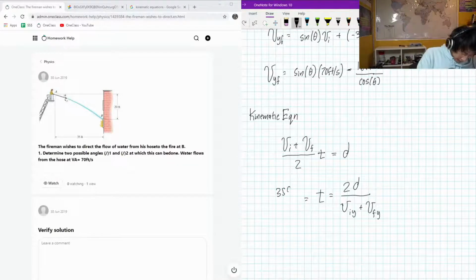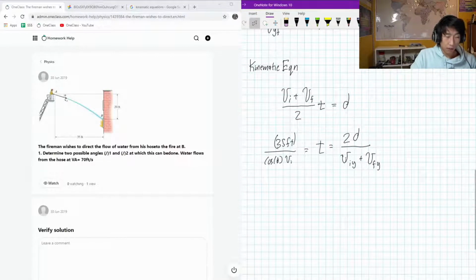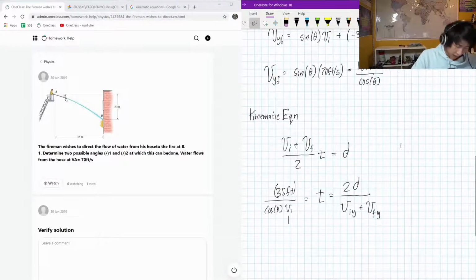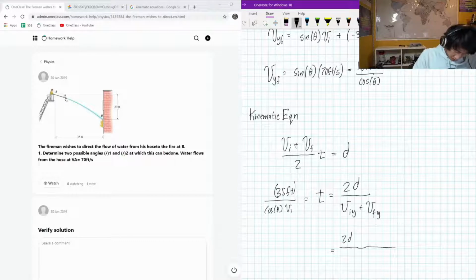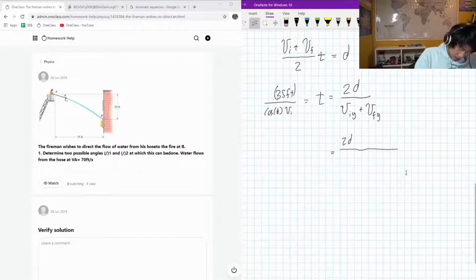So 35 feet divided by cos theta Vi, and that's the total Vi. Okay, so expanding these out a little bit more, we can sub out our initial y's and our final y velocities. So our initial y is just going to be sine times initial velocity.